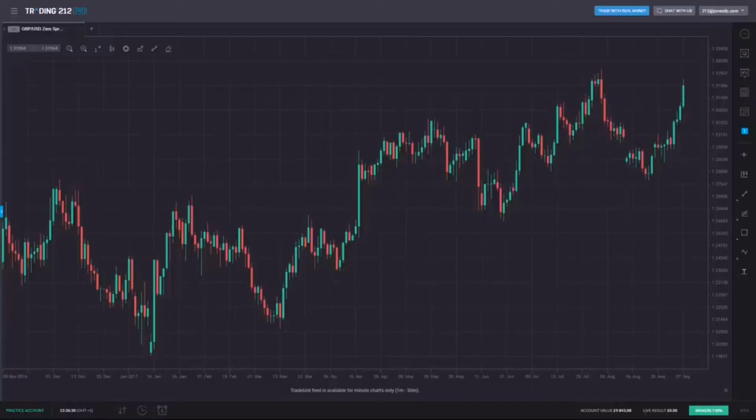So if we're looking here, in this example, pound US dollar, we can see at the beginning of 2017, so January 2017, £1 would buy you around $1.22. At the beginning of September, the pound had risen in value, and £1 would buy you $1 and almost 32 cents. So when we're looking at Forex pairs, foreign exchange trading, we're looking at the value of one currency versus another.